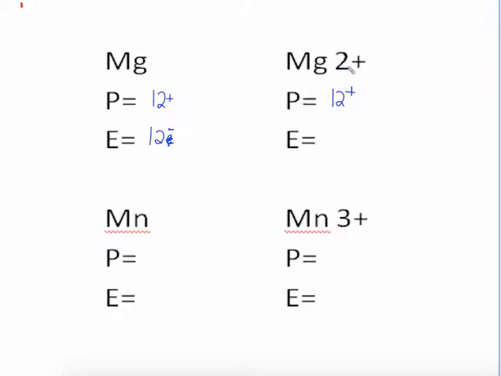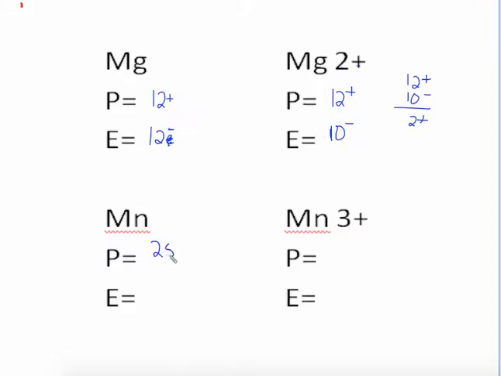But it has 2 more positive charges than negative charges, so it has 10 negative charges. 12 positive, 10 negative, that's 2 positive charges. Magnesium is a metal, and metals are losers, so it must have lost 2 electrons. It did have 12, now it only has 10 as an ion.